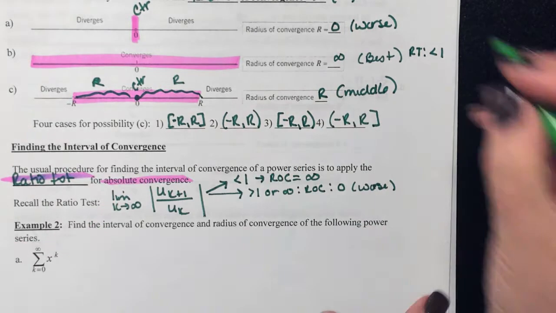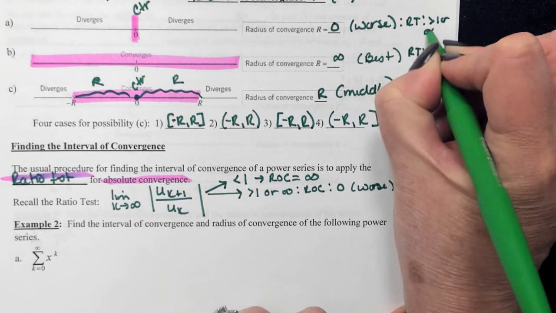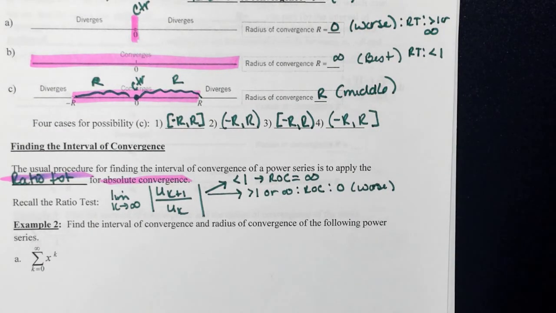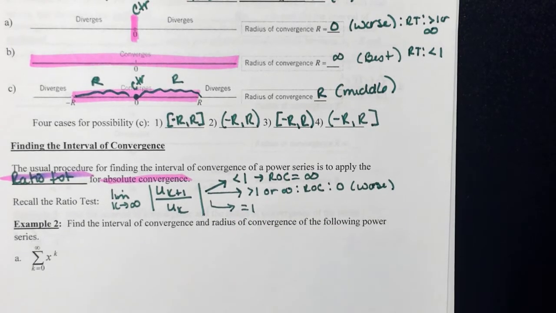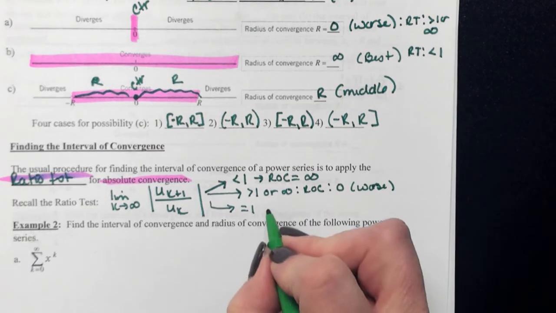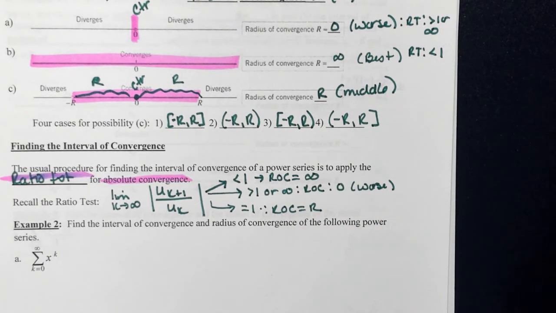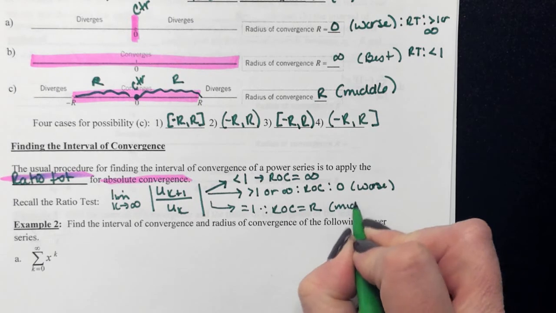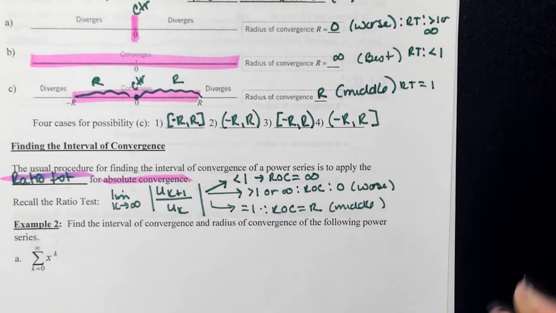So when you do your ratio test, if it's greater than 1 or infinity, that's how you know you'll have your worst case scenario where you'll have a radius of convergence of just 0. If it's equal to 1, that's where you're going to have a radius of convergence equal to r. That's going to be your middle of the road. So this is when you have your ratio test equal to 1.